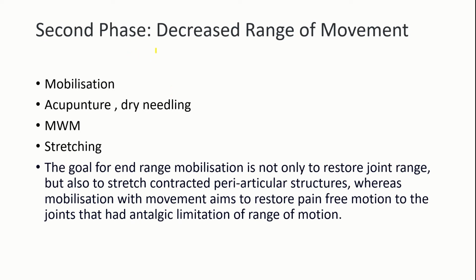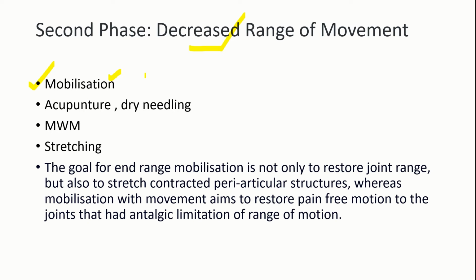Then in the second phase, the range of motion is decreased. So to increase the range of motion, we can go for mobilization techniques. For example, the Kaltenborn mobilization, the Mulligan mobilization, and the Maitland mobilization. In Maitland, we can go for grades.